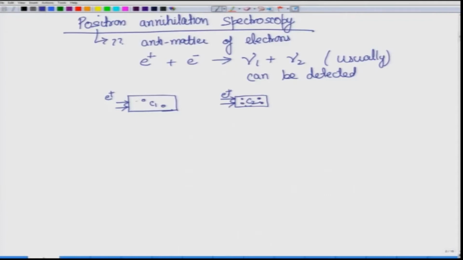Now, these defects act as a trap because they have lower electron densities and therefore, the positron can spend more time, meaning it will have less probability to get annihilated. Therefore, the total time it takes for this positron to get annihilated by an electron is lower over here, and higher the other way around, because it has more defects. So, it has lesser probability, so it will take longer time to decay, and here it will take shorter time to decay. So, that is the basic principle.